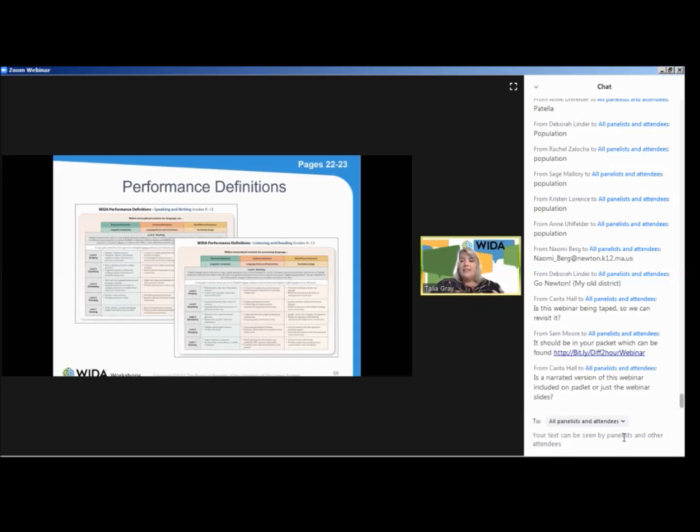So this document can be so useful for a lot of reasons, one of which is it helps you guide those professional conversations that you have about your students. It gives you some of that asset-based language that you need to use when you're talking about your students.